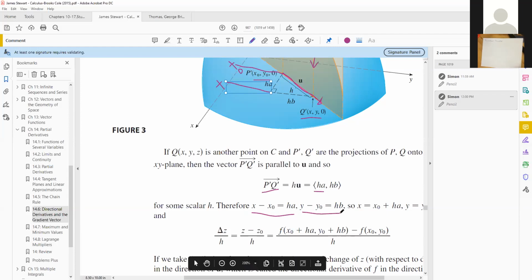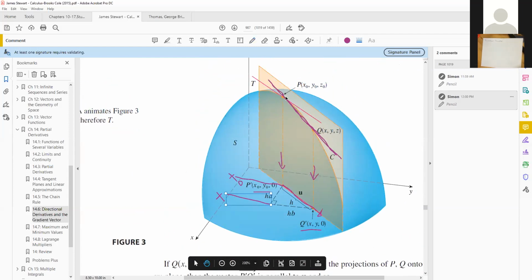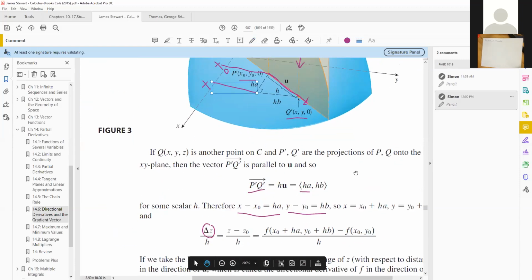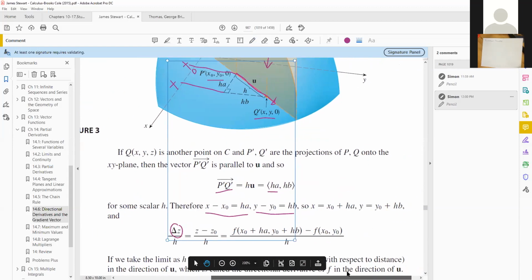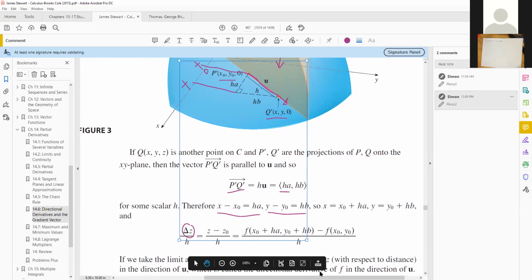Similarly, y minus y naught is hb, and now I can finally write down the slope of the secant line, which is delta z, the change in the z value, over h, right? And that's z minus z naught, and z minus z naught evaluated in x and y is this right here. Because if you just take x naught and put it on the side of x, ha, you get that x is equal to x naught plus ha, and y is y naught plus hb.